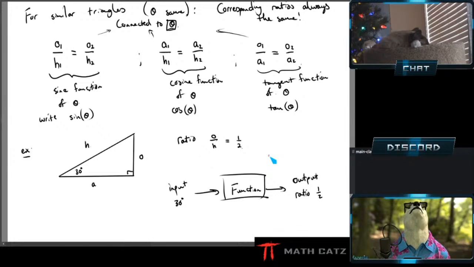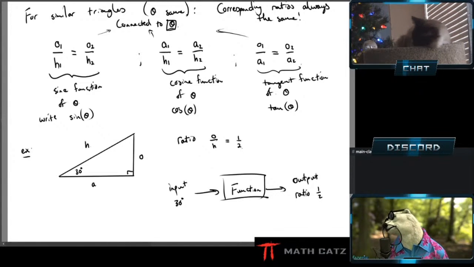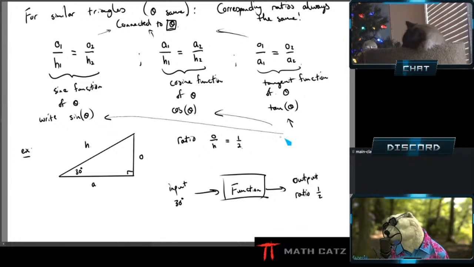Now these are built in to your calculator. Unless you manually want to go and draw a triangle and measure the side lengths and calculate the ratios manually, you don't ever have to do that. So these are our trigonometric functions.